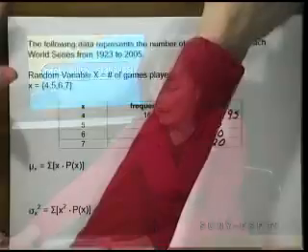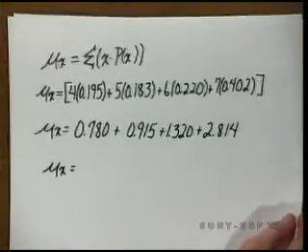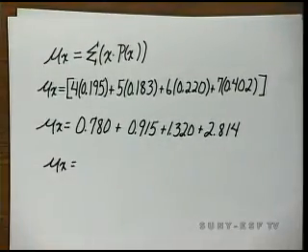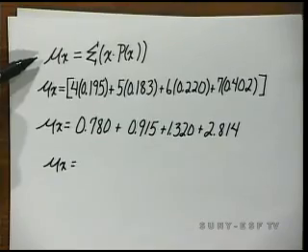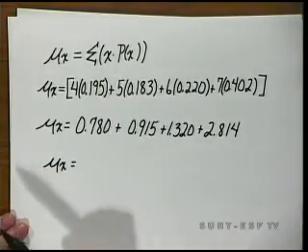So let's work through the steps to compute the mean of our random variable x. I've worked through most of the steps for you and have written them out. What you see is the original equation to compute the mean. It is simply the summation of x times p of x.